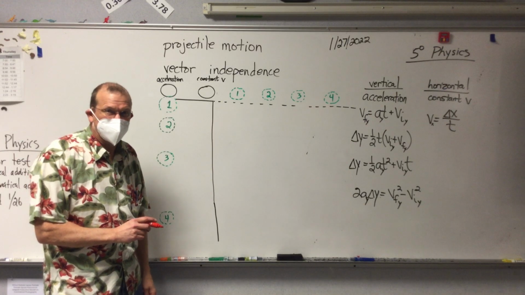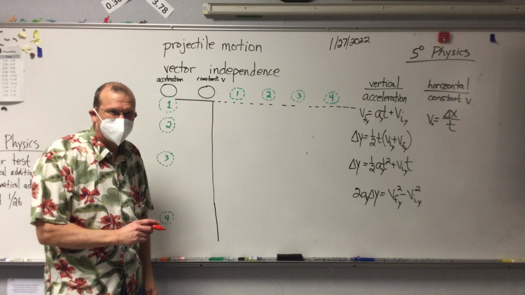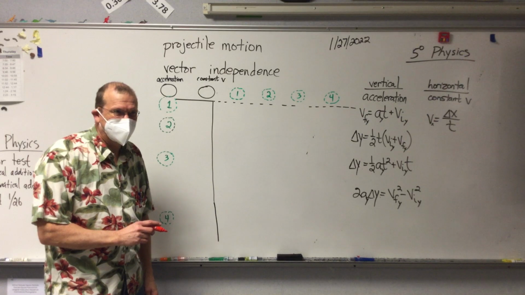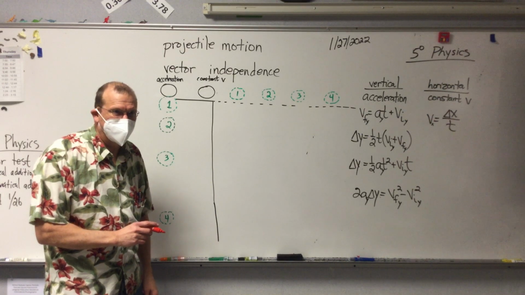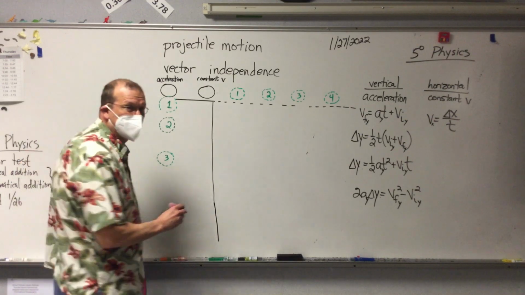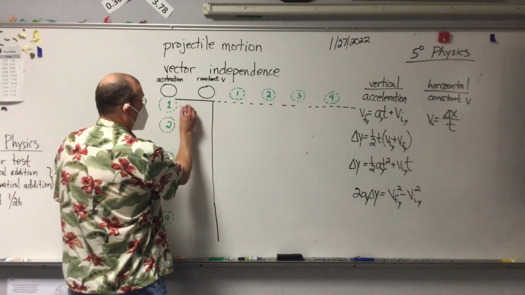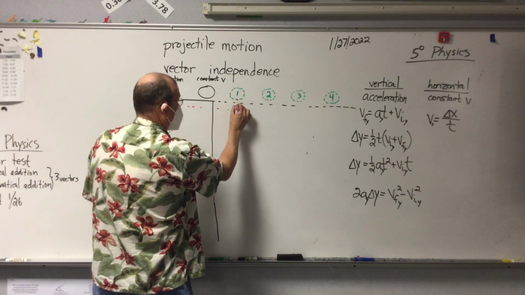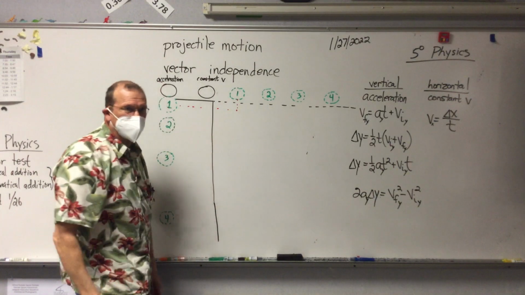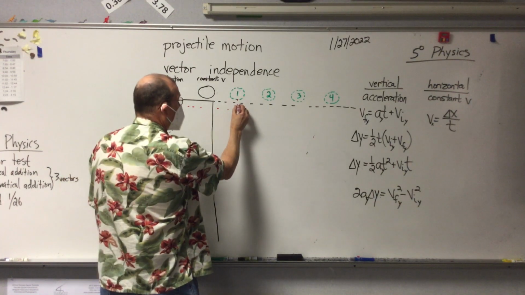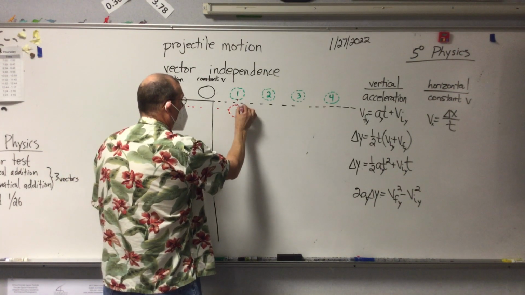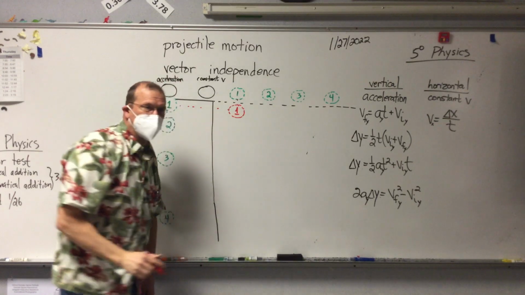Anybody have an idea? Go ahead. Are you going to connect where the first one is? Yes, like I come over here, I come down here. That's where the center of my object would be. So after 1 second, that's where I'd be.